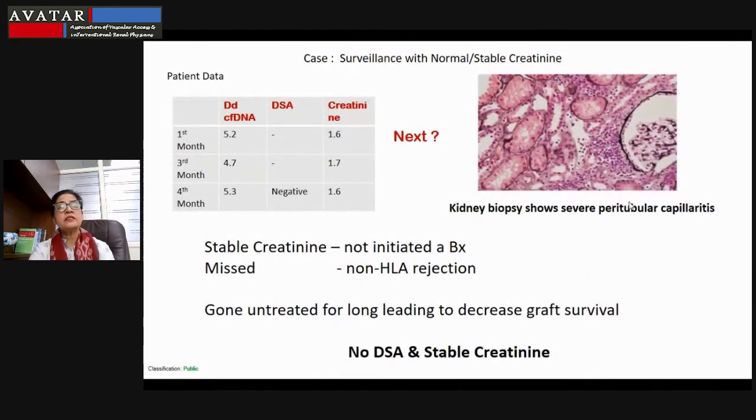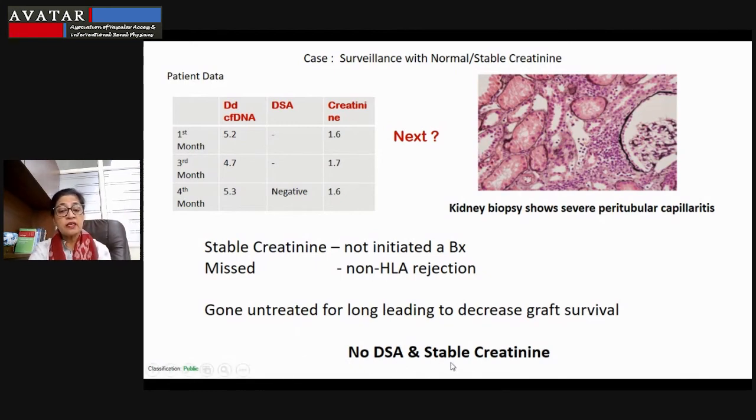The third case is a surveillance case with stable creatinine at 1.6 to 1.7, DSA persistently negative, donor-derived cell-free DNA consistently very high at 5.2% at 1 month, third month, and 4 months. Now, with a stable creatinine, there was no initiation of a biopsy, and what was really missed in this case was a non-HLA rejection that had gone untreated for a long time, decreasing graft survival.